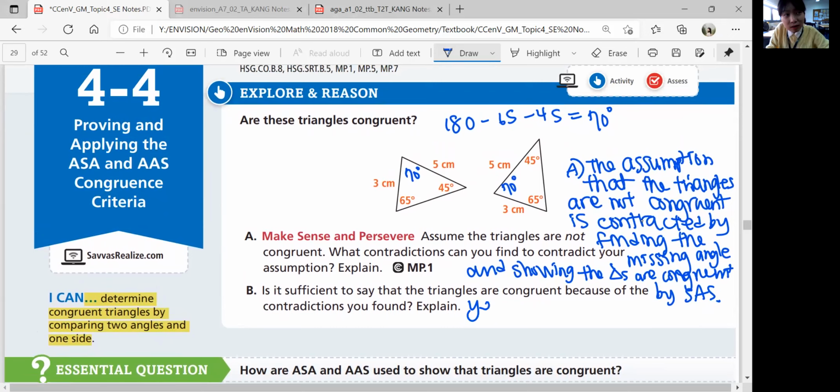Yes, it is. By SAS theorem, the triangles are congruent, right? So using the triangle angle sum theorem, we know that the unknown angle measures are both 70. And if we have the same angle measures and the same side lengths, then we can use SAS to prove that they're congruent. So yes, that's enough.